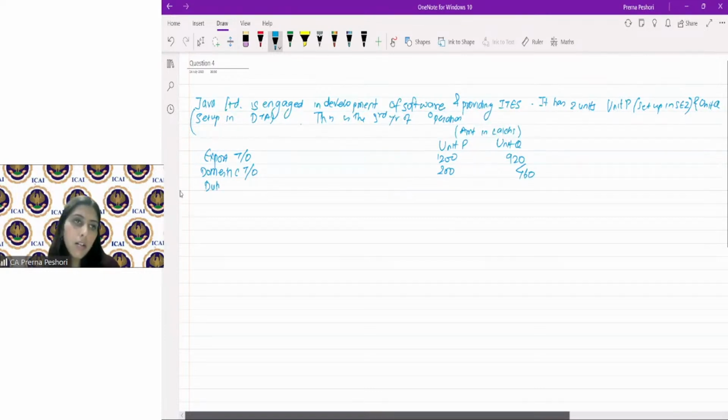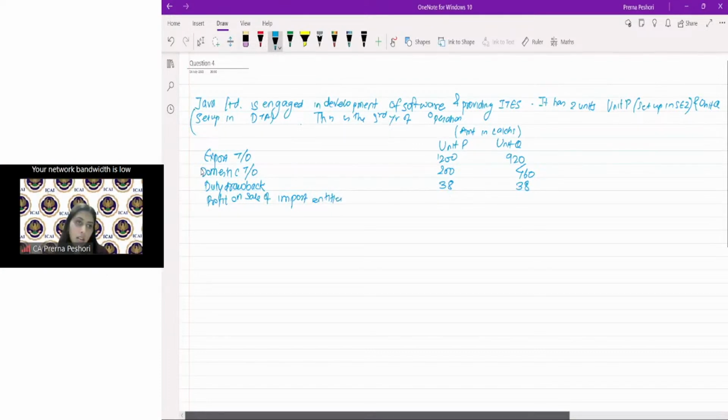Duty drawback 38. Profit on sale of import entitlement. Other expenses 420, 473. Net profit 502 and 753.